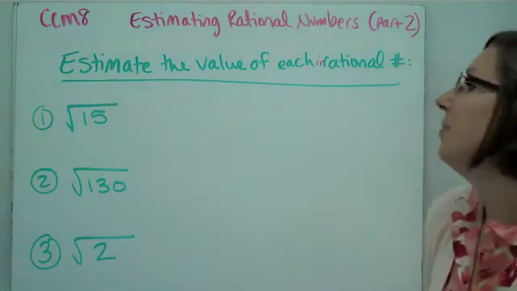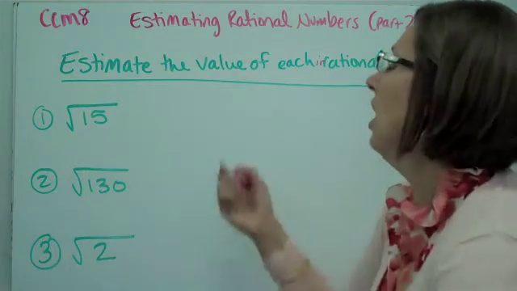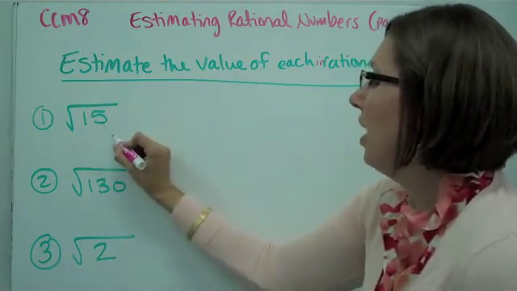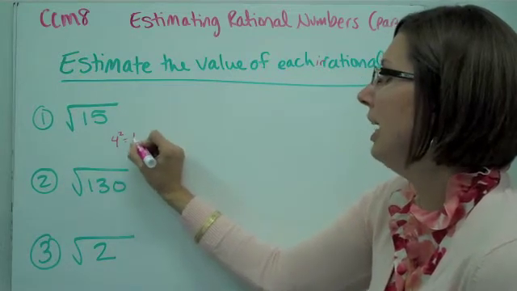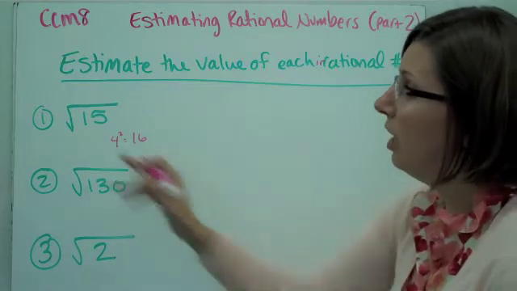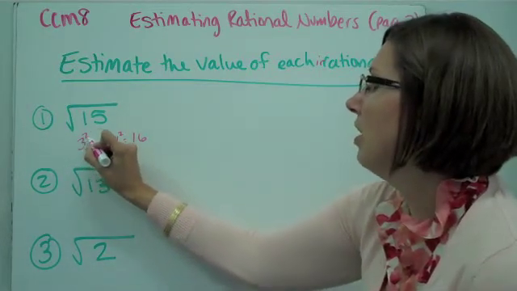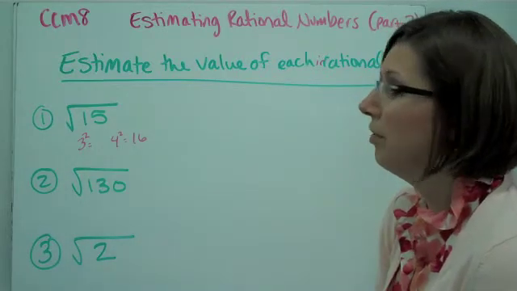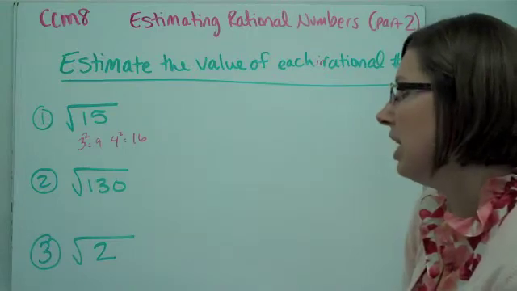So here we go. We've got the square root of 15. Well, I know that if I square the number 4, I get 16. Okay, that's a little bit above 15. Well, if I square the number 3, I get 9. That's a little under 15.